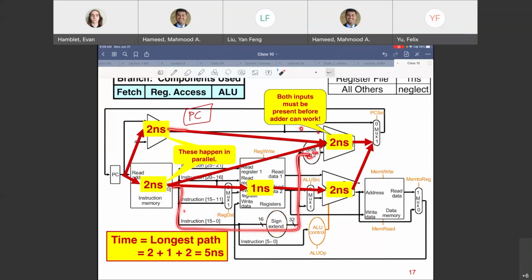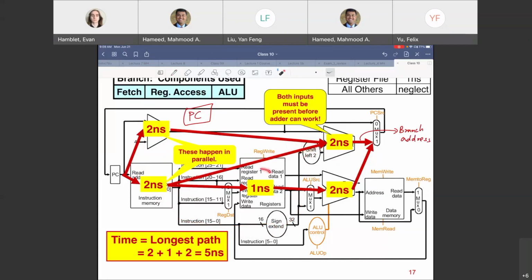Once you have PC plus 4 ready over here and this guy ready over here, you will be able to add them to compute the branch address. But they happen at the same time, right? 2 nanoseconds, 2 nanoseconds. This gives you these guys, and you will be able to get this. That's ready, right? So that's that arrow that is representing that.